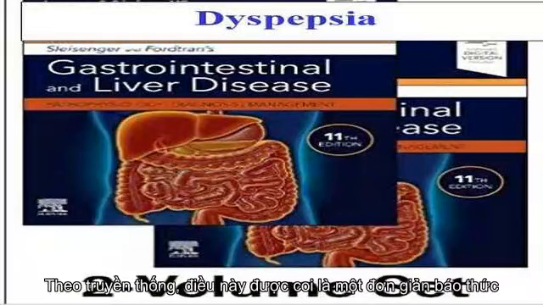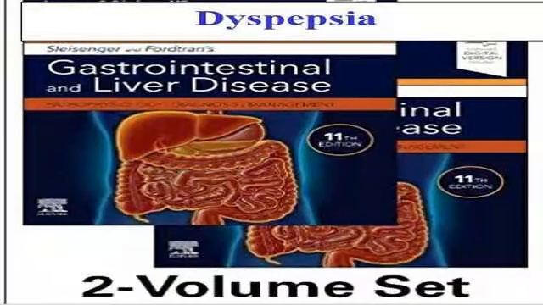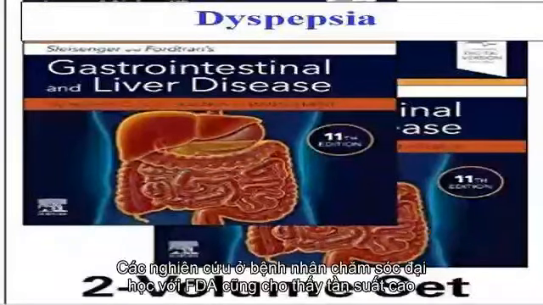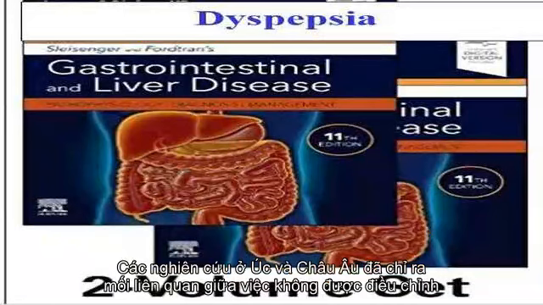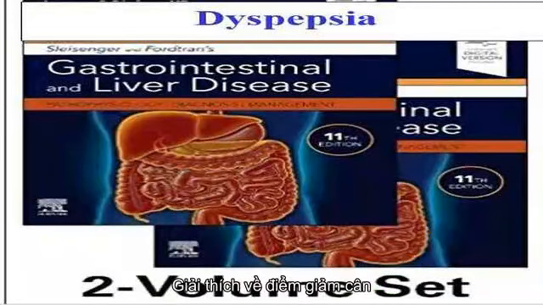Weight loss is traditionally considered an alarm symptom, pointing toward potentially serious organic disease. Studies in tertiary care patients with FD have also shown a high frequency of unexplained weight loss, and population-based studies in Australia and Europe have shown an association between uninvestigated dyspepsia and unexplained weight loss.